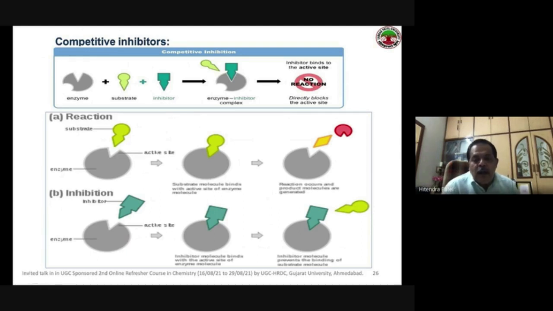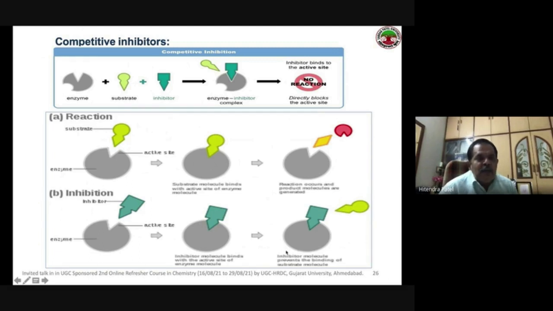Whatever active sites we have, the substrate can interact with them, but they are blocked. Then it tries to change the shape and size of this enzyme, and you can see that no active site remains, isn't it? One of the reactions shown is with the substrate, and as far as inhibition takes place, inhibitors directly interact with the active sites, and after that there is no chance for the substrate to interact with the active sites of the enzyme.